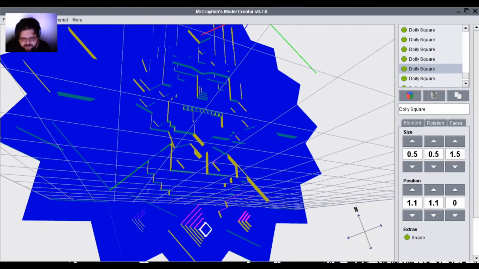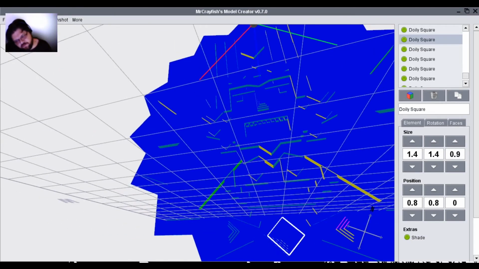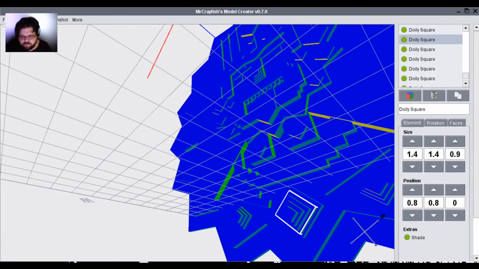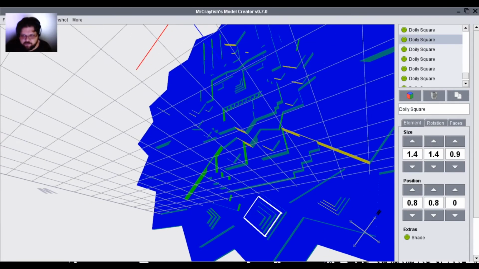Actually, it seems to still be wrong. Seems to be off by 1 pixel.